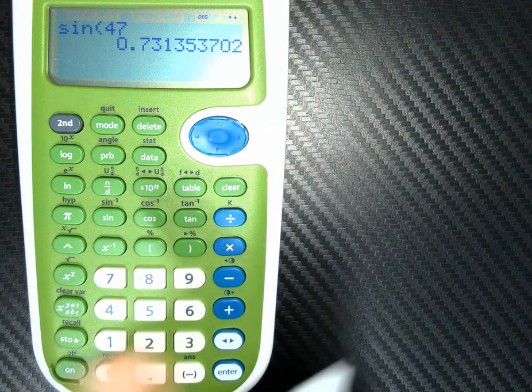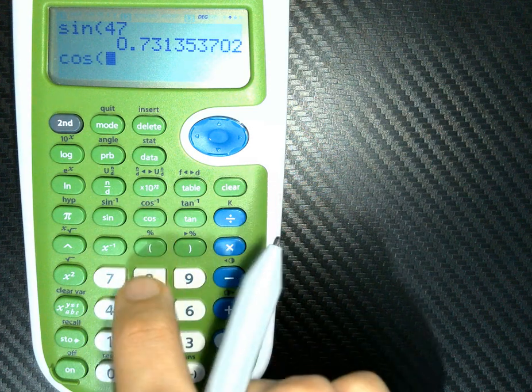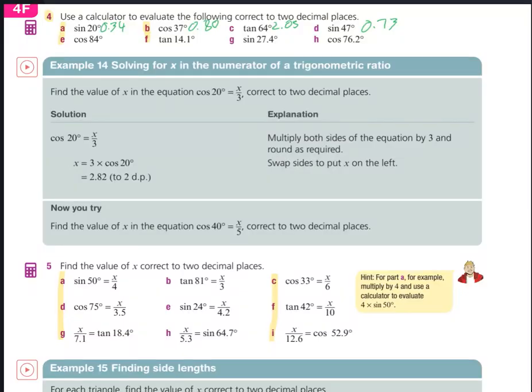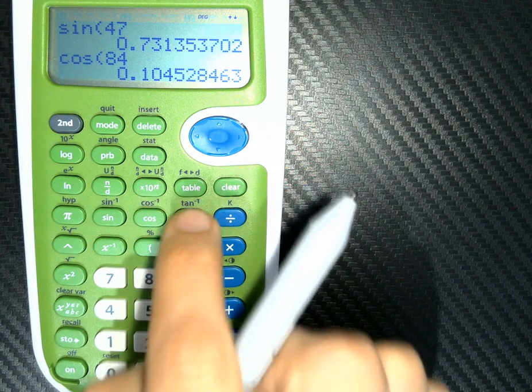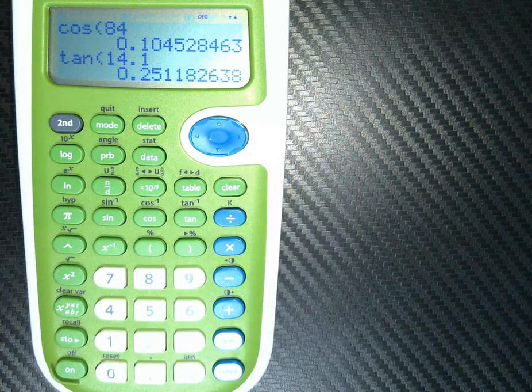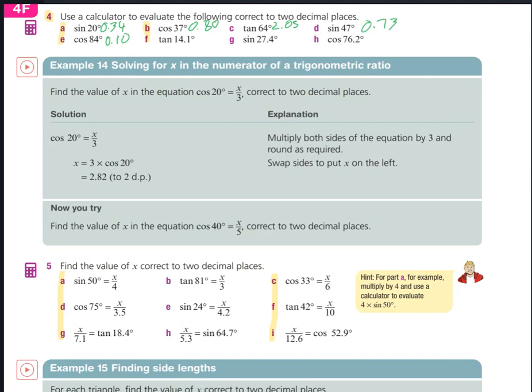Next one, cos 84. 0.104, which would be just 0.10. Next one, tan 14.1. 0.251, which would just be 0.25.